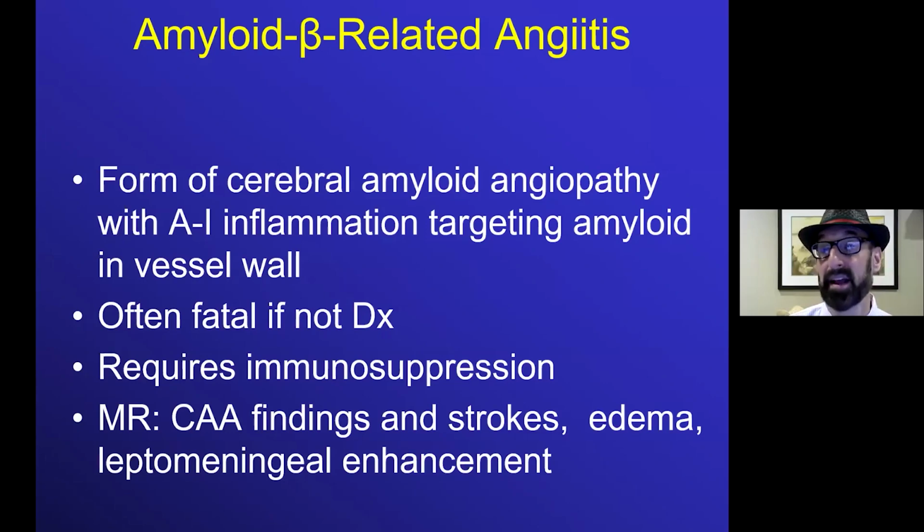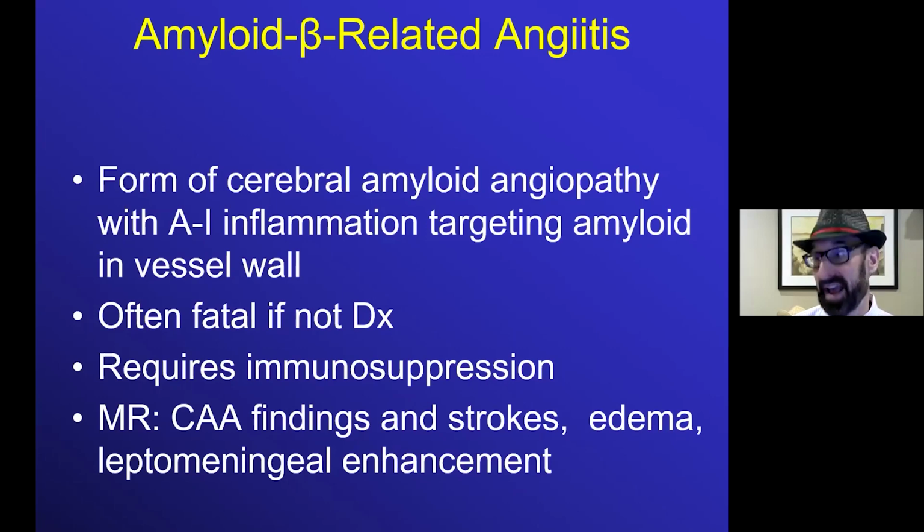People don't understand that there is this component of inflammation that has to be treated with anti-inflammatory drugs, including steroids, for example, immunosuppression. And in addition to the cerebral amyloid angiopathy findings and strokes with edema, you will see a more common leptomeningeal enhancement, which may be the tip-off that this is not your run-of-the-mill CAA.